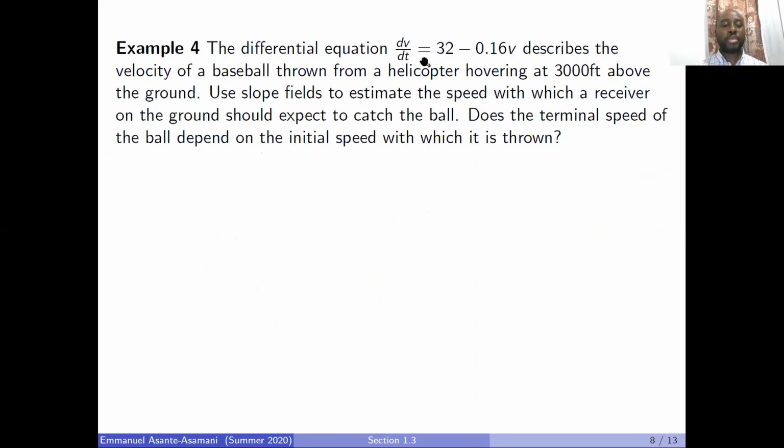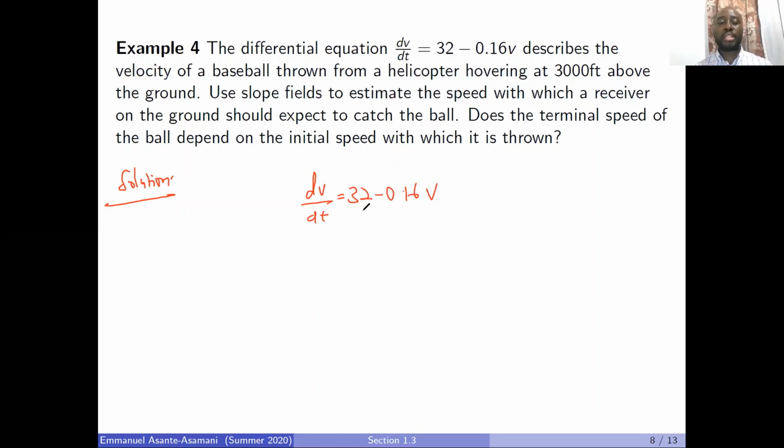All right, so here's a specific scenario where we would like to use slope fields to get some qualitative information. We are considering the differential equation dv/dt = 32 - 0.16v.